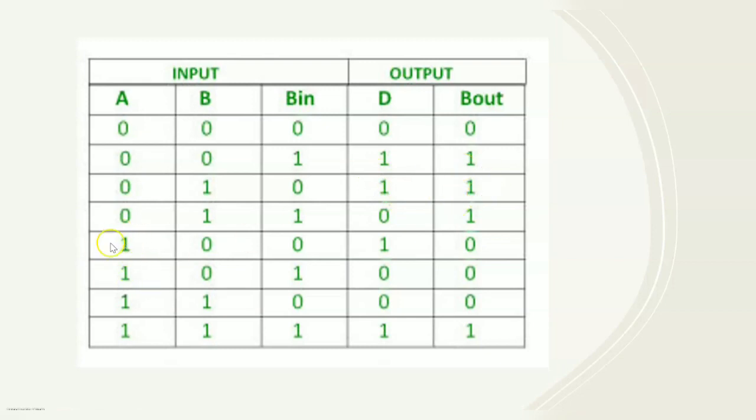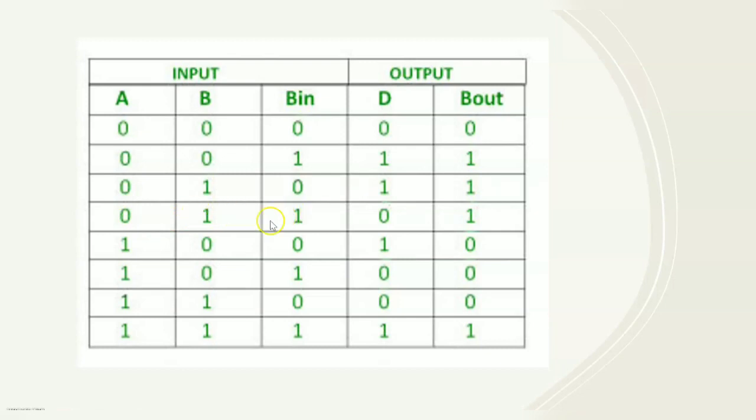Here you can see that A has the value 1. So if you take A minus B, A is 1, so the difference is 1 and borrow is 0. Here you can see you have 0 minus 1 minus 1.